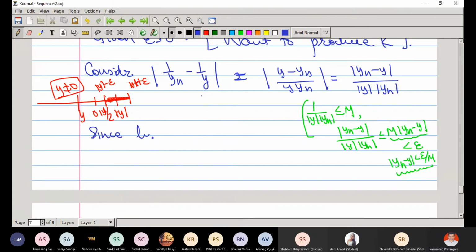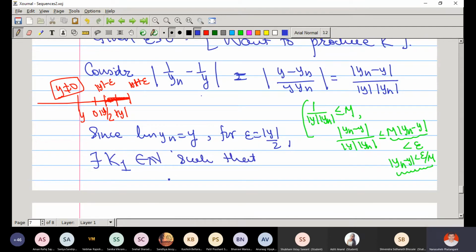Since the limit of yn is y, for epsilon equal to absolute value of y by 2, there exists k1 such that, what I should write further, the absolute value of yn minus y is less than absolute value of y by 2.